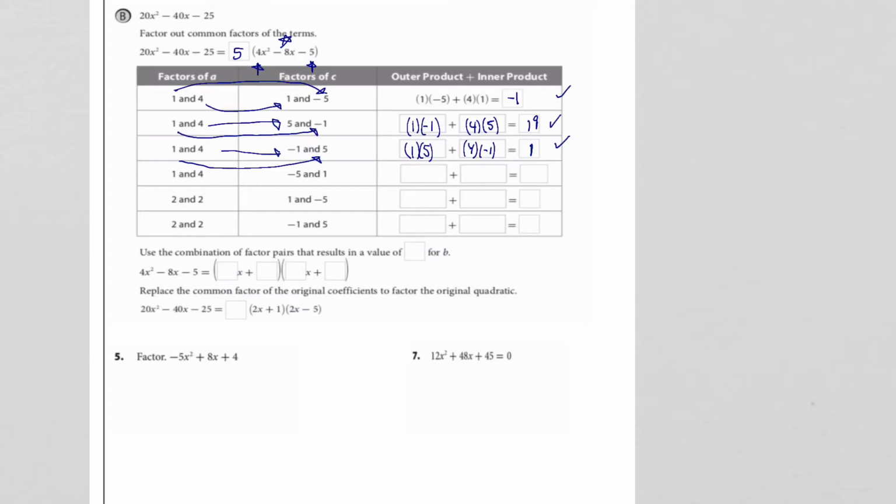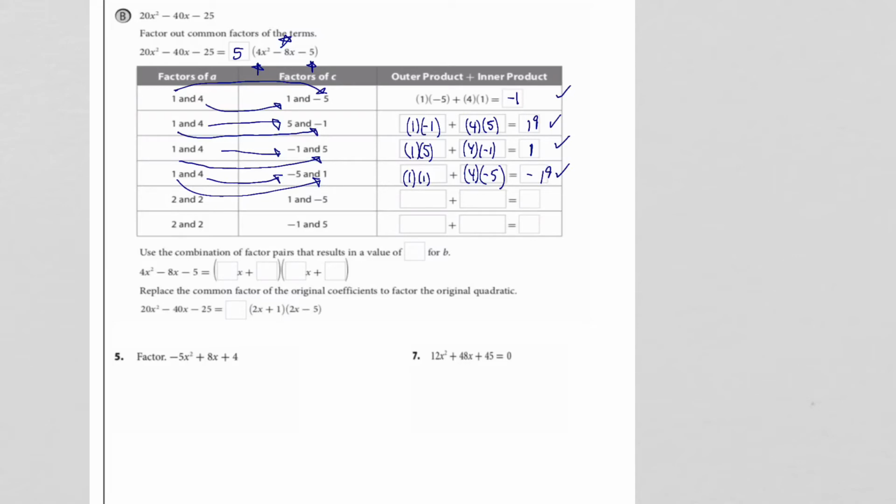What about, let's switch them around, 1 and 1 for a negative 5. You're going to get negative 20 plus 1, negative 19. Nope, that doesn't work either.